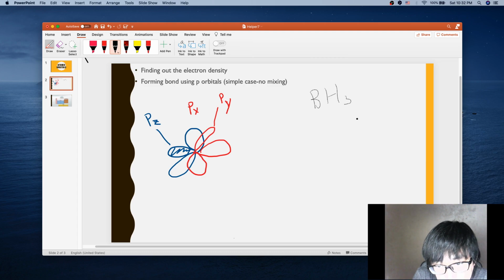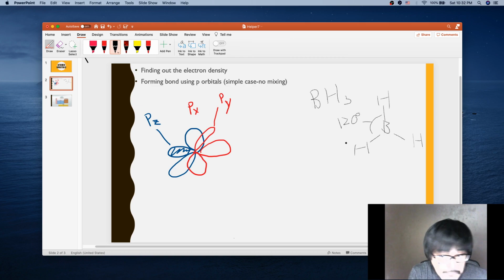If you recall the BH3 Lewis dot structure, and then go through the VSEPR model, you get trigonal planar, and you should get 120 degrees in between these atoms, right?